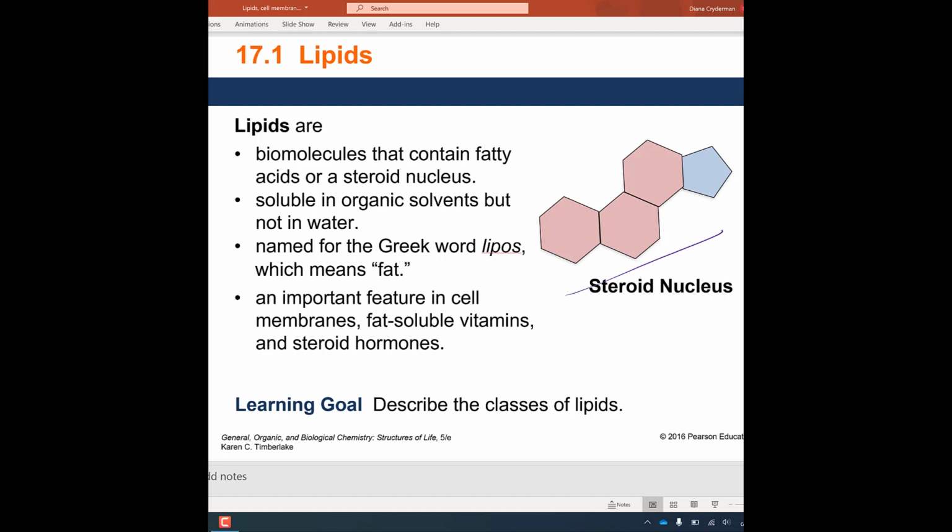Lipids are named after the Greek word for fat, so we'll be talking about fats, oils, and waxes. Those are all types of lipids, in addition to things like steroids. They are important for cell membranes, vitamins, and hormones, including steroid hormones.